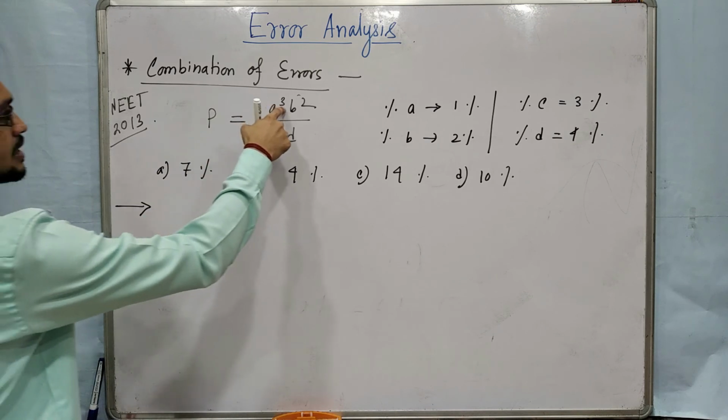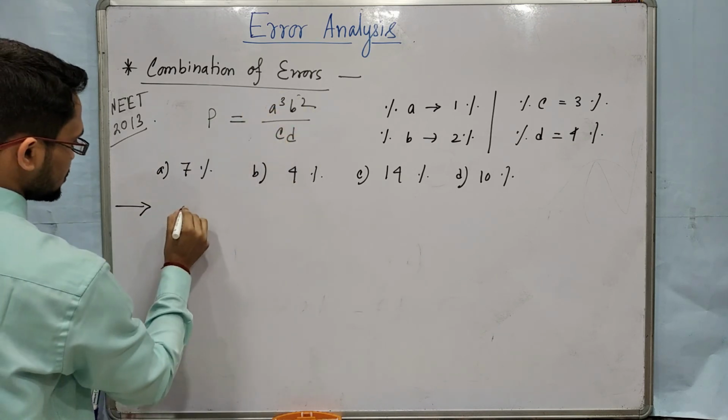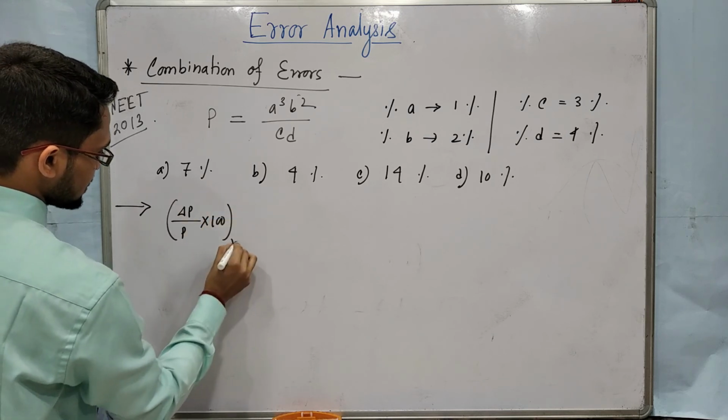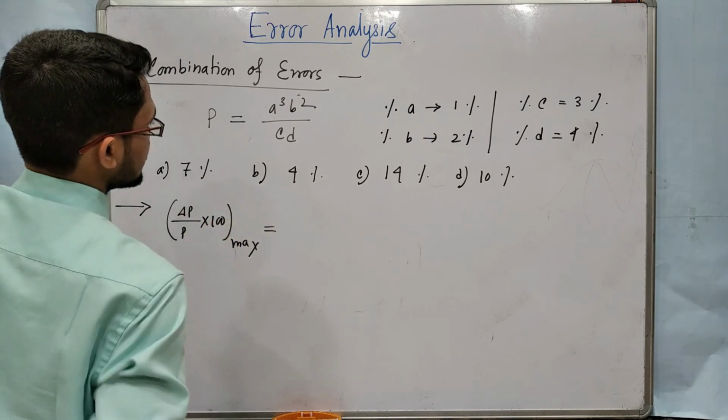In the same way, cube, square, 1, 1, so delta P by P into 100 max will be what?